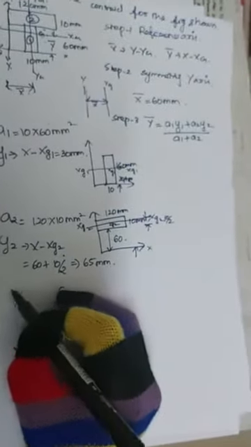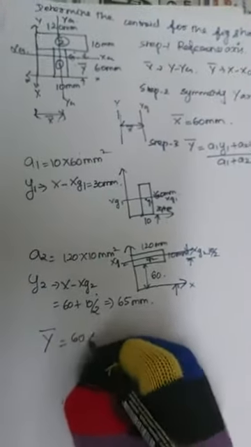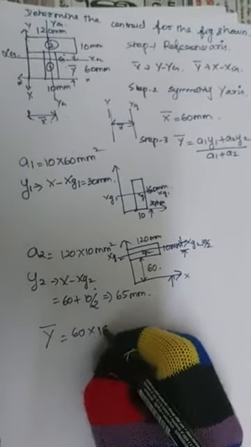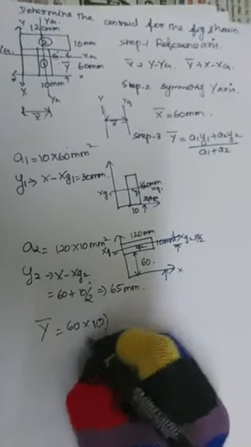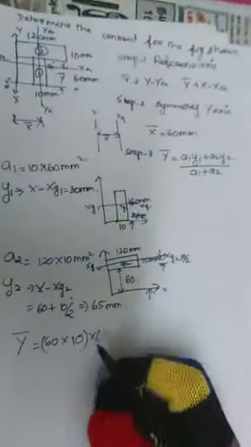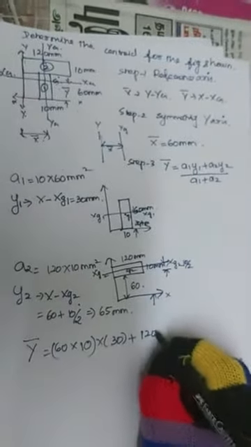I'll repeat it again. Y bar you can calculate directly. So what is y bar? A1 is 60 multiplied by 10. What is y1? Half the distance, 30. Plus what is a2? 120 into 10.